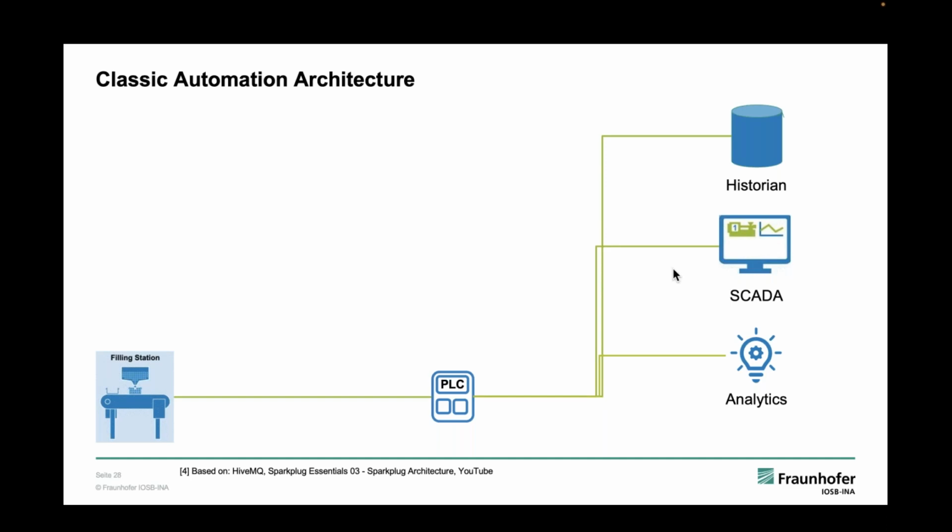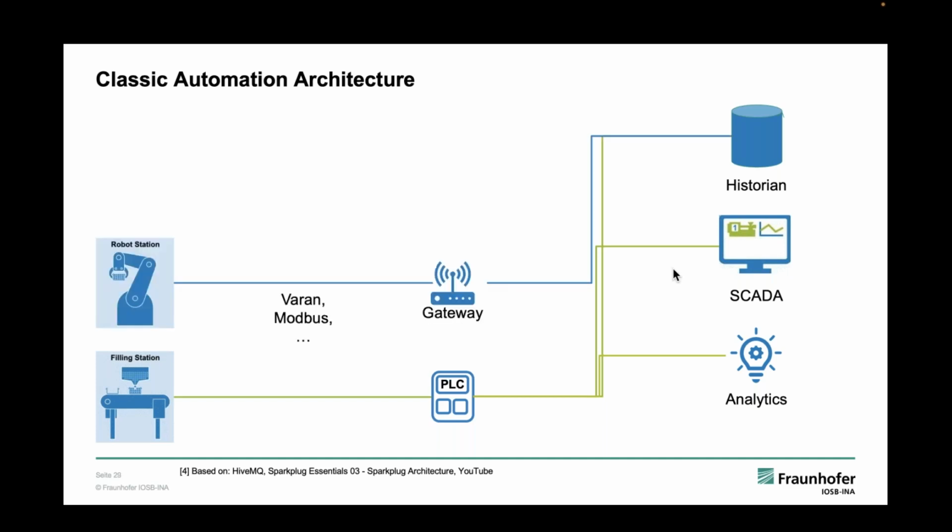And we stick to the classic connection-oriented point-to-point approach. So what we do here is we establish connections from this PLC to all of these different systems. And I think you can already guess where this ends up. So we have, for instance, also here robot stations speaking some legacy protocol, where you even need some gateway to translate it and to connect it to the systems on the right of the slide.